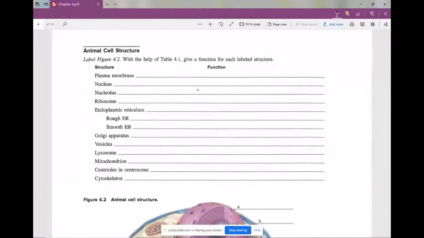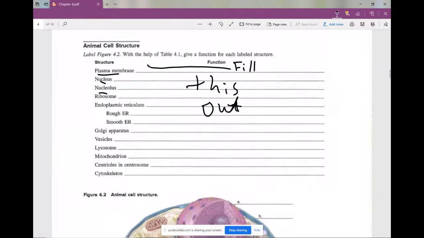Now, the animal cell structure, this portion, the plasma membrane, nucleus, all these, yes, please fill this out. All right, this is your homework. You don't have to hand it in to me tomorrow or anything. You hand it in when you hand in the lab manual.